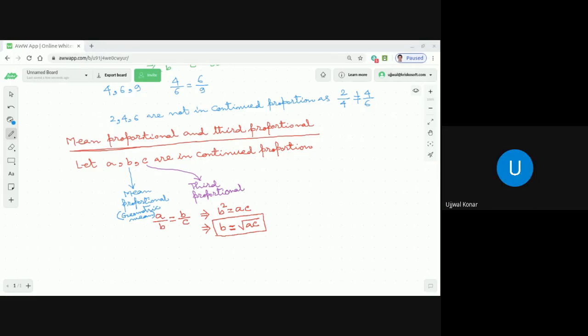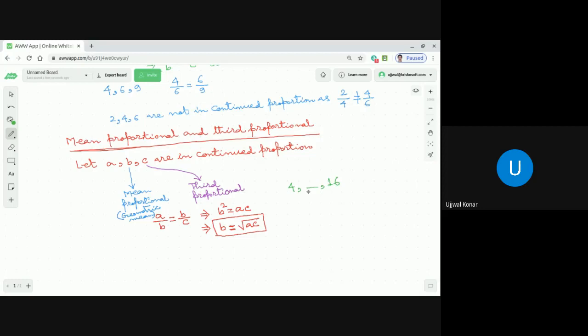For example, let's take an example, because I always prefer to give examples to make things absolutely clear. Suppose three terms are in continued proportion. First term is 4, second term we do not know, and third term is 16. Now how can we find the middle term? The first and third terms are given as 4 and 16.